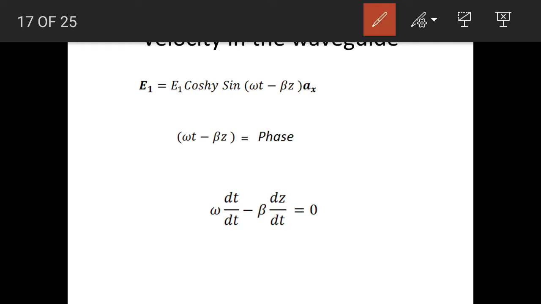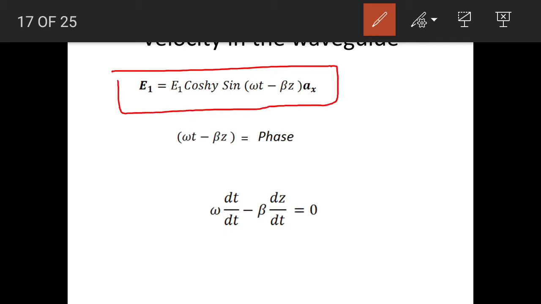So in order to calculate it, we consider the equation for the electric field intensity of the light wave in the central layer of the symmetrical waveguide.